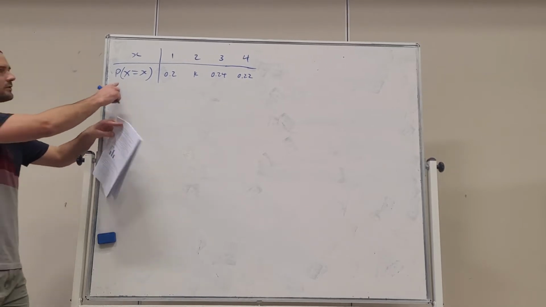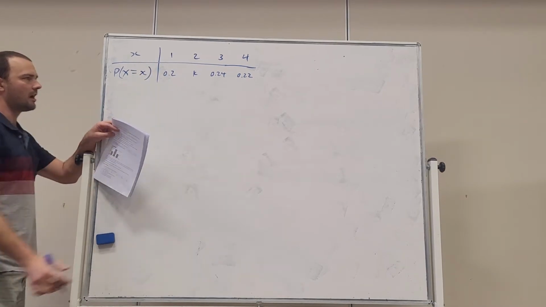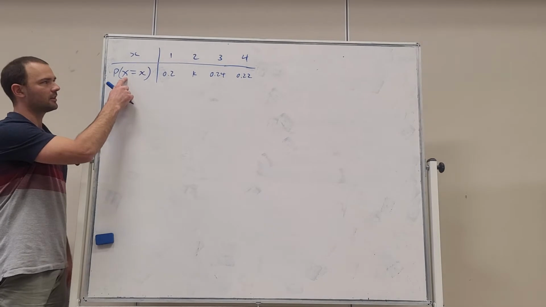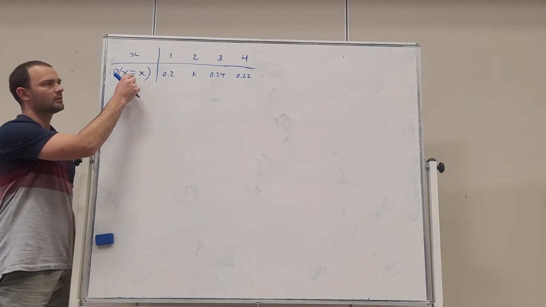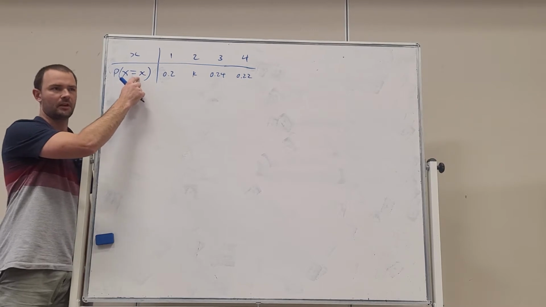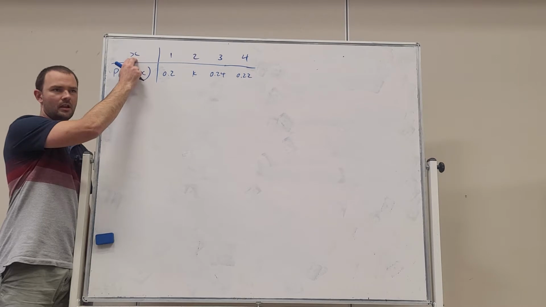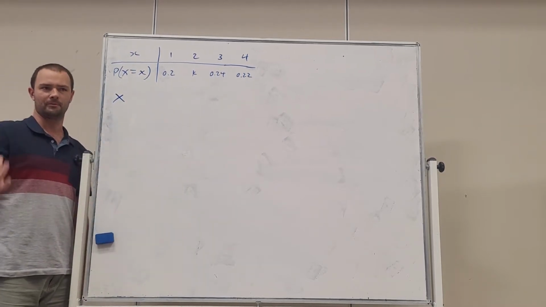We're going to be seeing this notation a bit: the probability of capital X equals lowercase x. This means the probability of the random variable taking on this event. Lowercase x is the event, and big X is the random variable, the experiment we're performing.